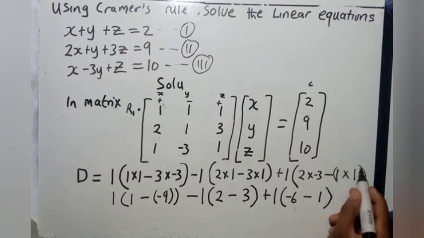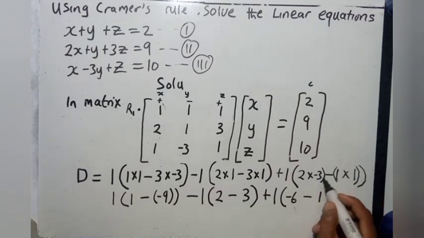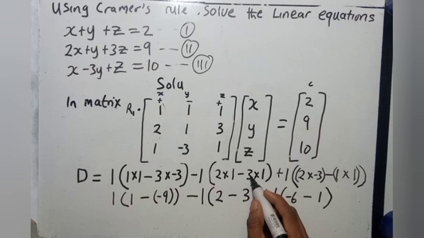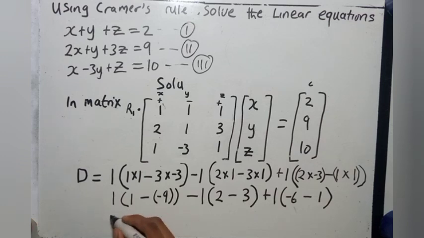Remember, all these are in the brackets. The 1 is not carrying the minus. Same thing with this 3. This 3 is not the one carrying the minus. So when we do that, we have 1 times 1 plus 9.